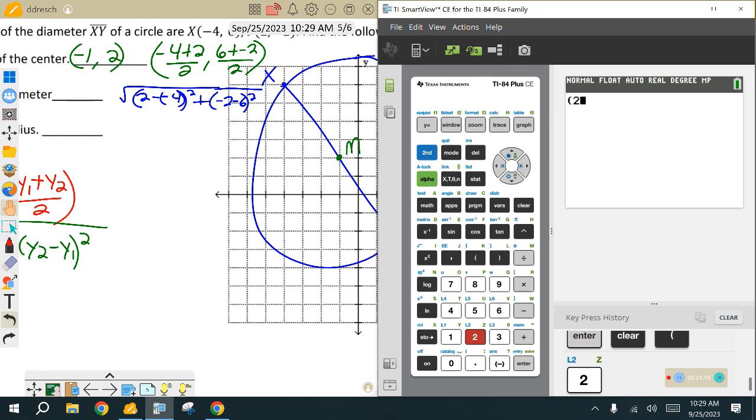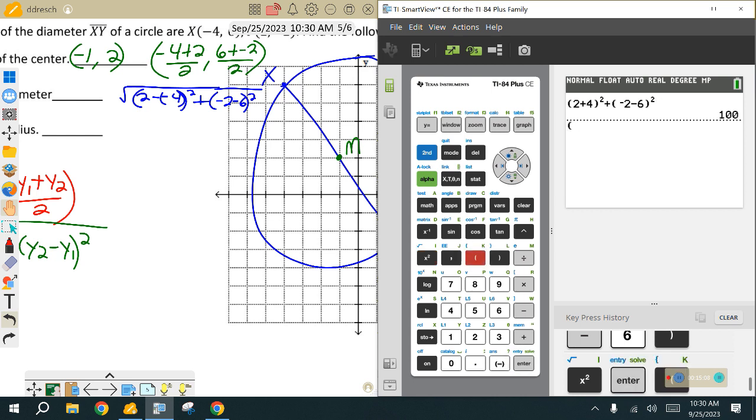Two negatives make that a plus. Or you can type in 2 minus a -4. Just make sure you type it in correctly. 2 plus 4 squared plus -2 minus 6 squared. Whatever you do, you should be getting the same answer.